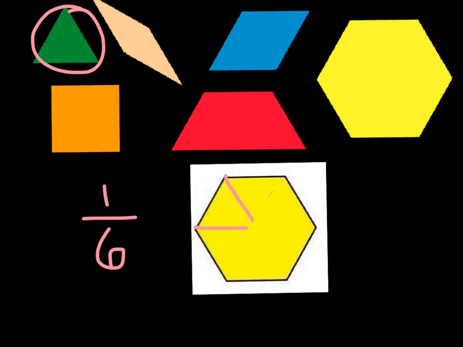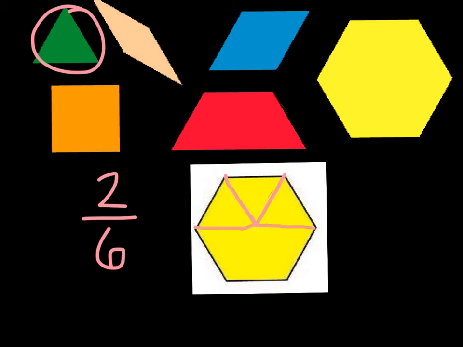Okay, if I happen to have 2 of them, then of course that's going to change my numerator to a 2, and I would have 2/6. Okay, hopefully that's starting to click a little bit.